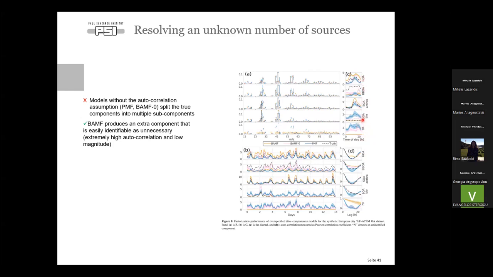For the extra source, PMF actually split one source into 2, while BAMF created a new source that was totally unreasonable. This was easier to spot for a non-experienced user.